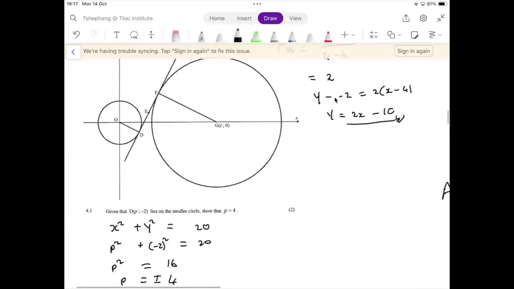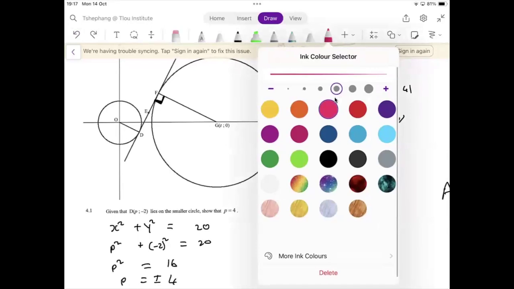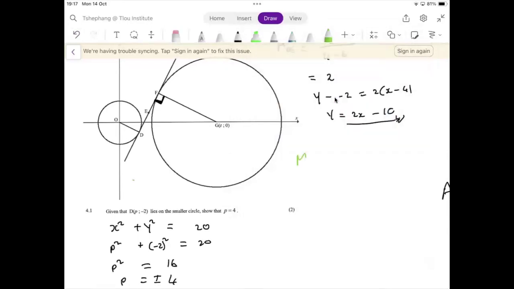So what we can do is we know that these are perpendicular to each other. So we have the 90 degrees there because we have a tangent and a radius. So I'm going to say the gradient of FG is equal to -1/2.